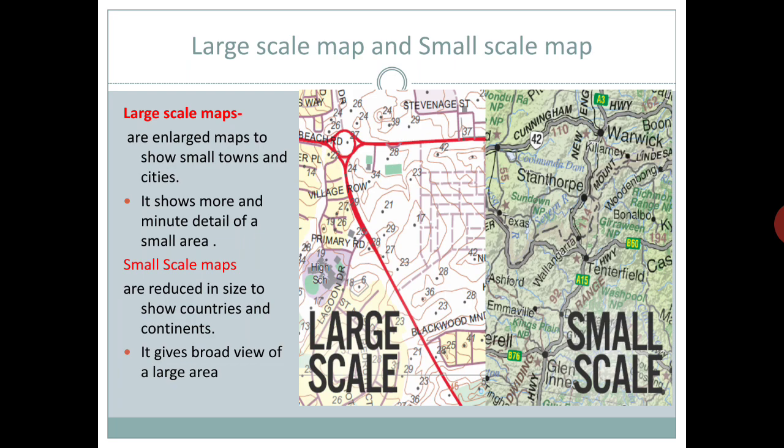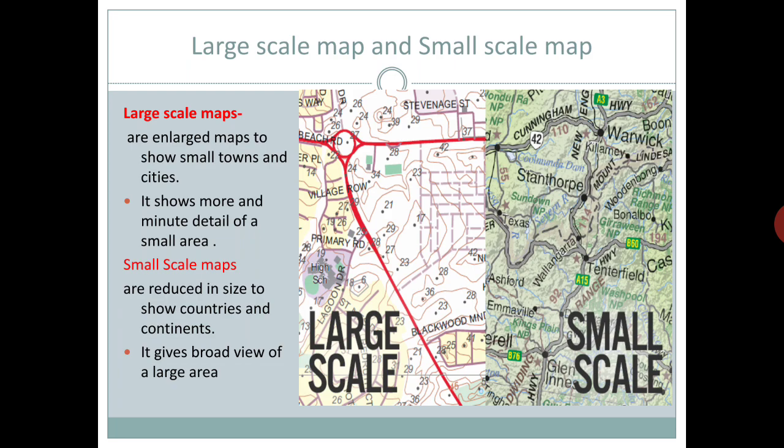Large scale maps are enlarged maps to show small towns and cities, or a small area, or a playground, or a village. It shows more minute detail of a small area.